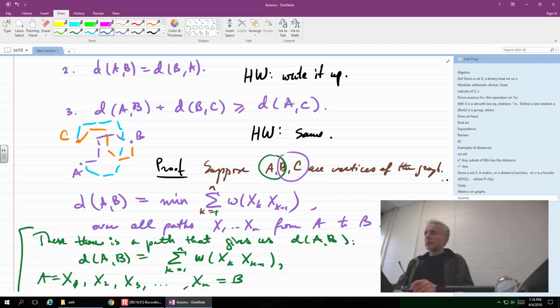Well, if they were oriented, we would have more interesting algebra going on if our paths were oriented. In other words, from A to B is not the same as from B to A. But this is just a metric space, so it is just measuring distances, and that is the best we can do. But it is interesting that in that picture they may have nothing to do with each other.